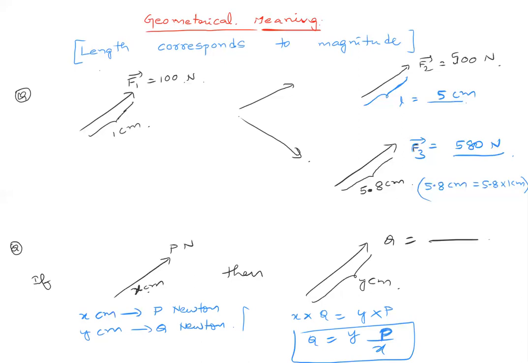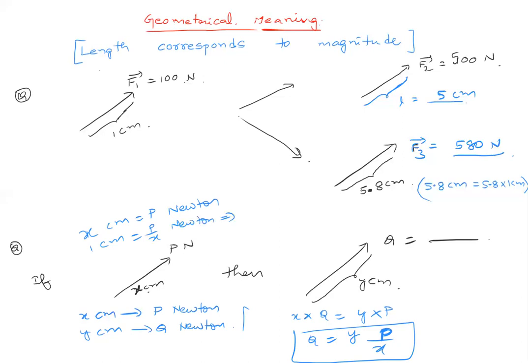If x is increasing, p is also increasing. So for direct proportionality, you cross multiply and then do it. Or one more way you can do it: x centimeter is p Newton means 1 centimeter is p by x Newton.